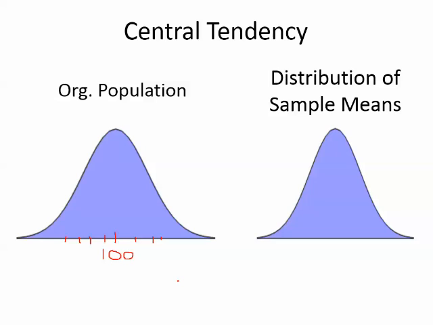Additionally, because of that, we are going to have a lot of means that are closer to the mean, because they're going to be very similar to the mean. And so we expect that these means would fall here, right in the center. Now, we would expect outliers, just like we expect outliers in raw scores.